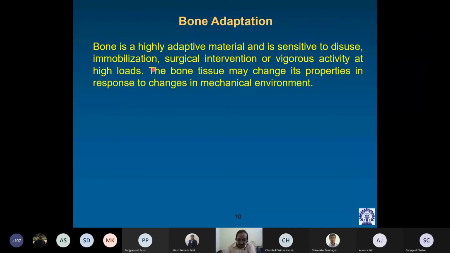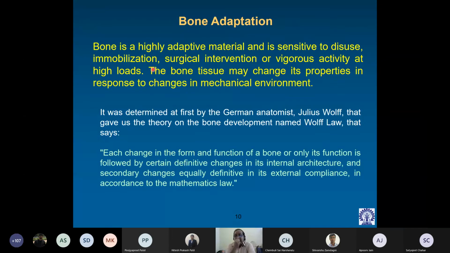Okay, so this property was first concluded by the German scientist, anatomist, and it is named after him as Wolff's law, which says that each change in the form and function of bone is followed by certain definitive changes in its internal architecture, okay, internal structure of the bone, and secondary changes equally definitive in its external compliance.